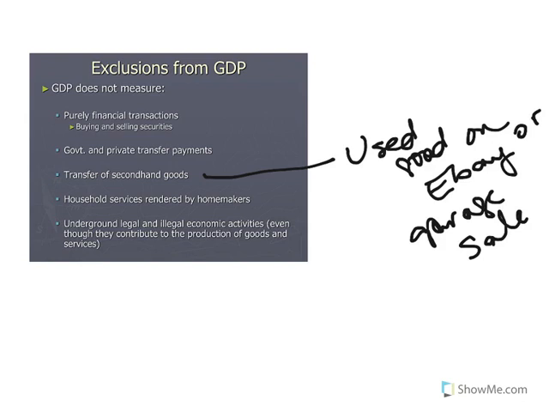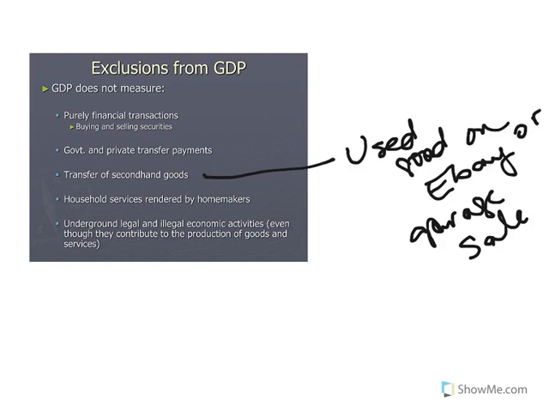So for example, let's say that I bought a computer in 2013 and that computer was produced in 2013. Well, that was included in the GDP for that year. If I turn around and then sell that computer at a garage sale this year, that's not going to be included in GDP because then it makes it look like we produced another good when we didn't. All I did was sell the good to somebody else. So we don't include the transfer of secondhand goods.